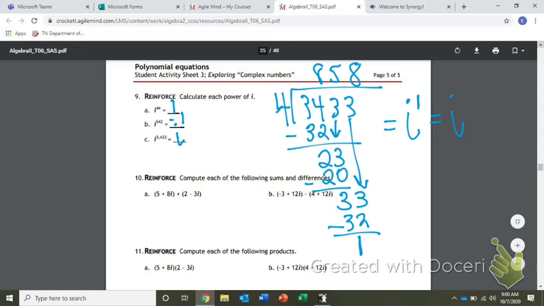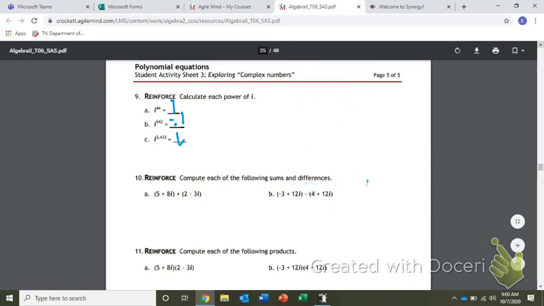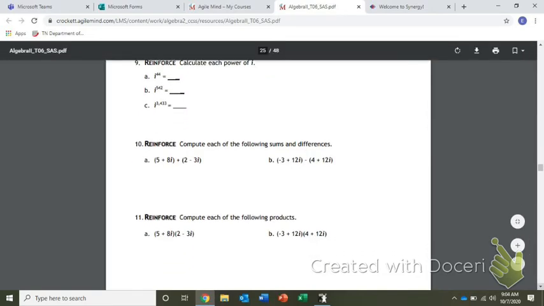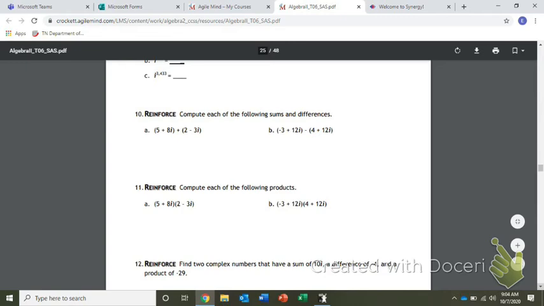All right, let's do these. I'm going to save 10 and 11 for a quiz next week.